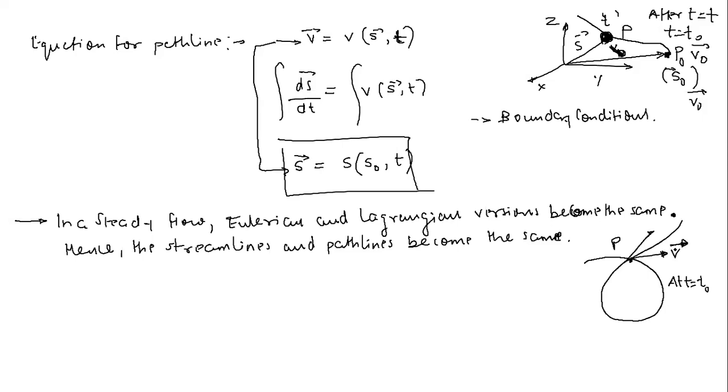Let us take a tangent here, so this was v vector. And at time t, that fluid particle was somewhere here, and the velocity vector was v vector. And again, after time t equal to t1, this fluid particle came to this position, and at that time the velocity vector v vector was in this direction.